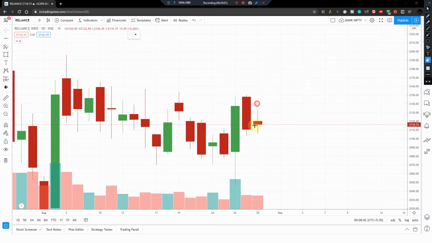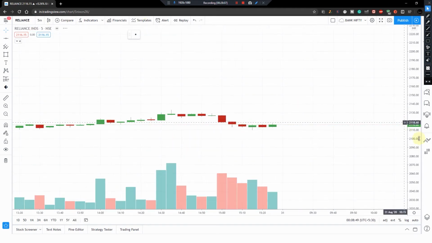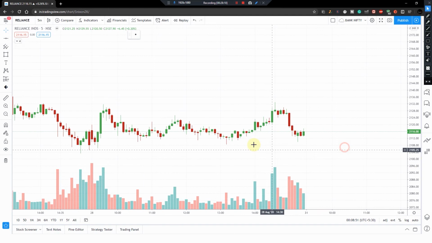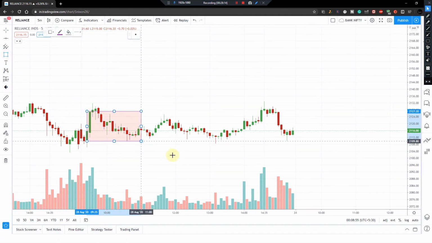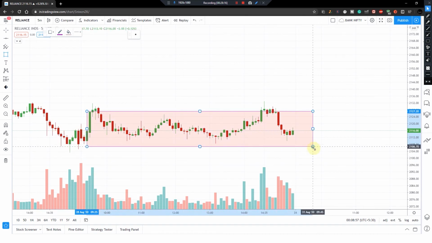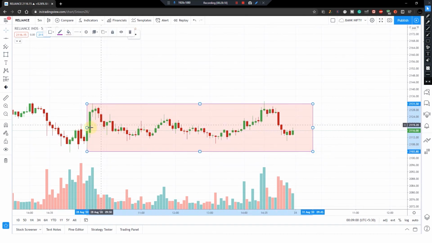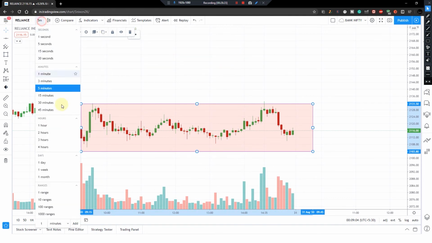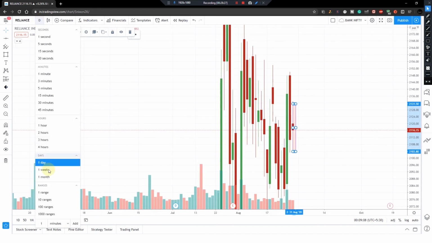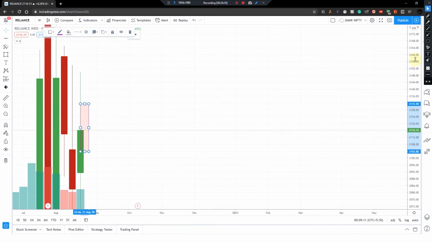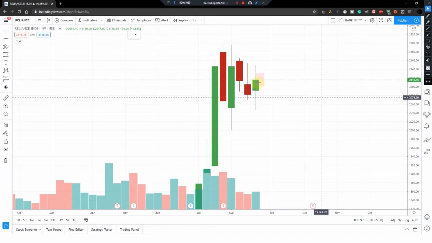Now this same candle is what we saw in the 5 minute time frame. The combination of all these candles became one candle. The same applies for 1 hour, one day or one week. It includes the combination of the smaller time frame candles.